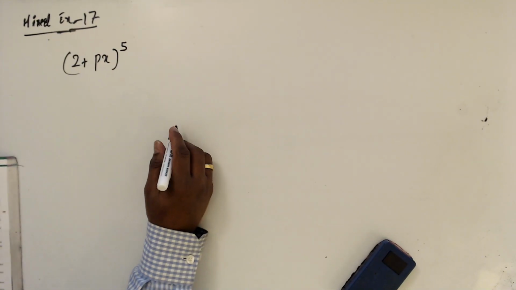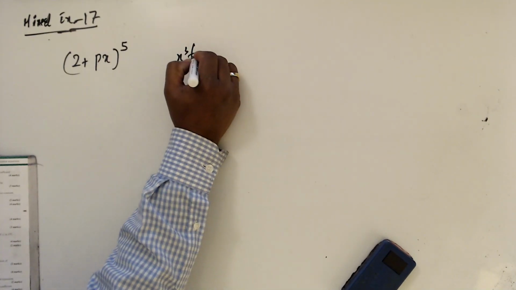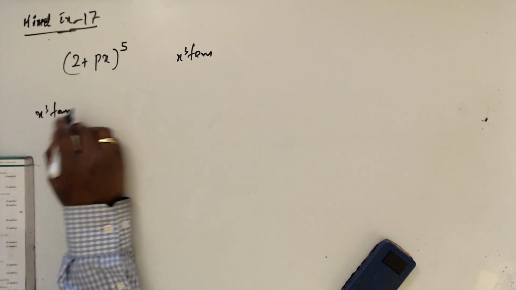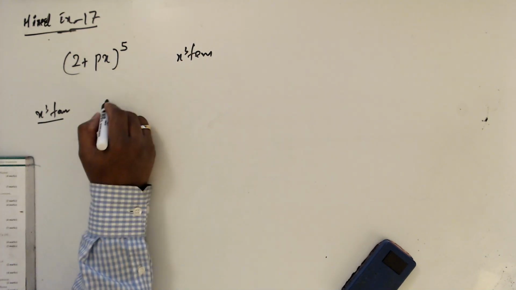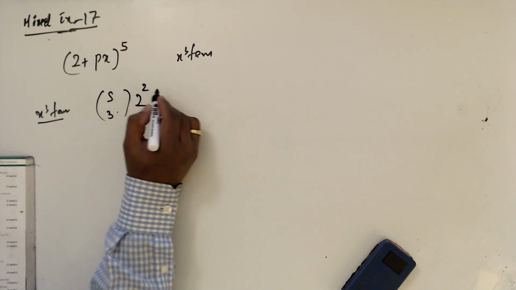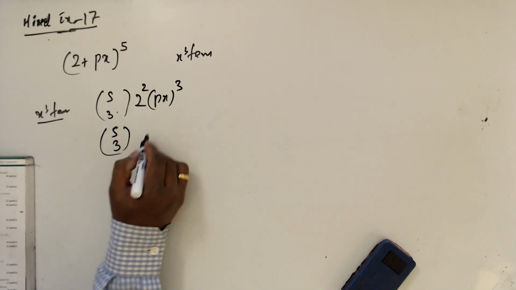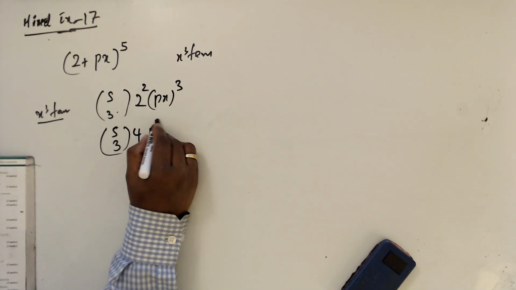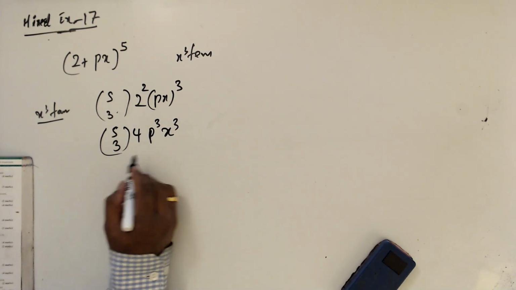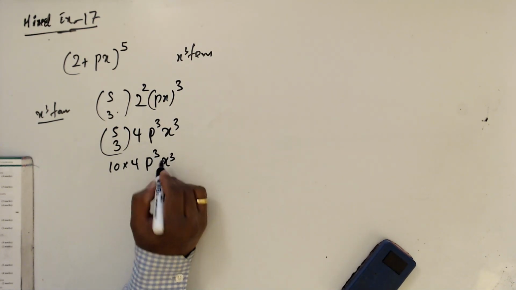Question number 17. I need to write the coefficient of the x cubed term. So I write the x cubed term first. So 5C3, this is 2 to the power 2, and (px)^3. So 5C3 is 10, times 4, p cube, x cube.